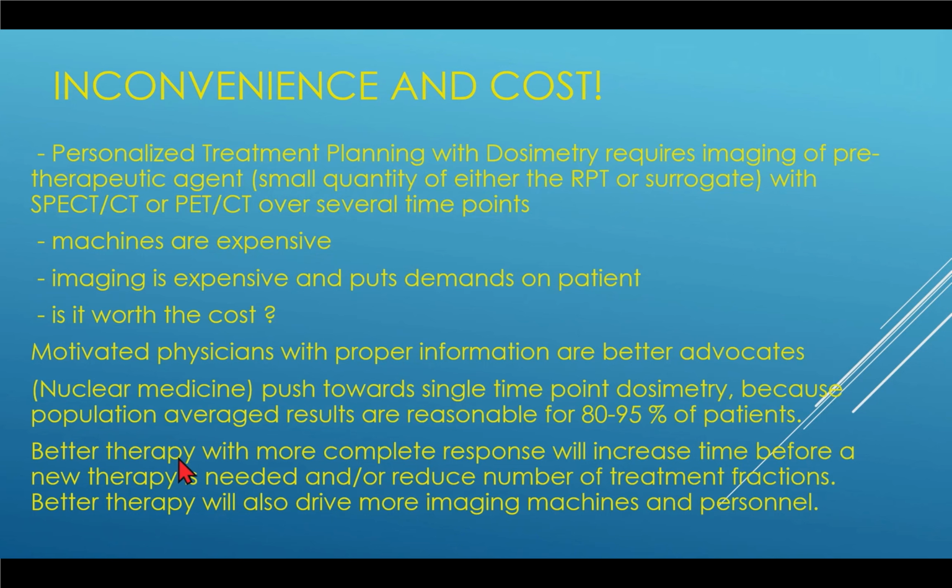So if you can do better therapy, is it really more costly? If you're not going to get a patient back for 3 years instead of 1 year, in the long run, that's more cost effective. If you do better dosimetry, instead of 6 fractions, you can treat in only 3 fractions and have a better outcome. You're going to reduce the number of fractions.